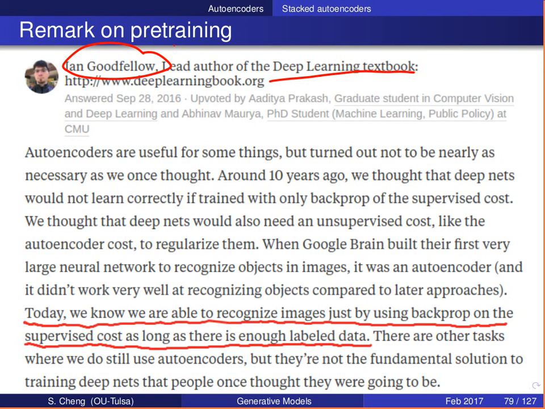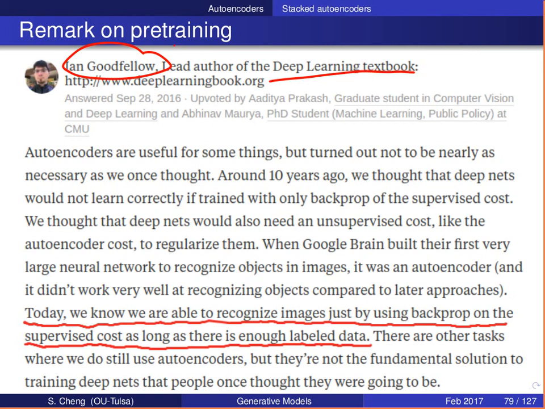This is another Quora reply, and I find it interesting. It's a discussion about why people think the autoencoder is a failure, and he said no. Autoencoders are like some other technologies: people had lots of high hopes, and then realized it doesn't have as broad applications as they thought.